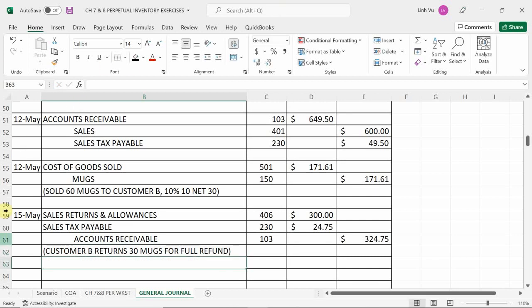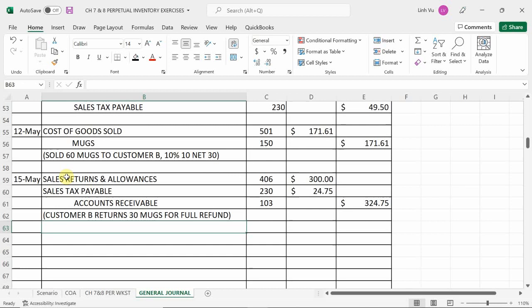Okay? So because we are giving customer B a full refund and they're returning the product back to me, I now need to update my account because now I got an actual return of items. Because I originally sold these mugs to customer B, I need to reverse it because now I technically unsold them.